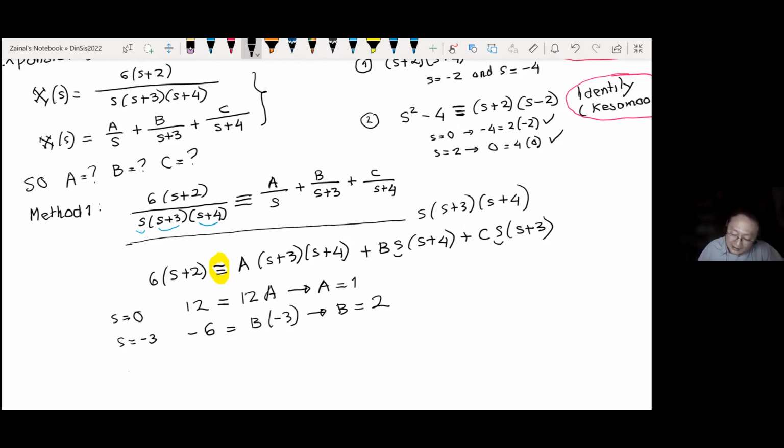And the other one, s is equal to minus 4. To make it easy, actually, you don't need to choose this one, but it makes it easier if you choose this one. So this one becomes minus 4, and this one minus 2. So minus 12 is equal to this one 0, this one 0, c multiplied by minus 4 multiplied by this one is minus 1, right?